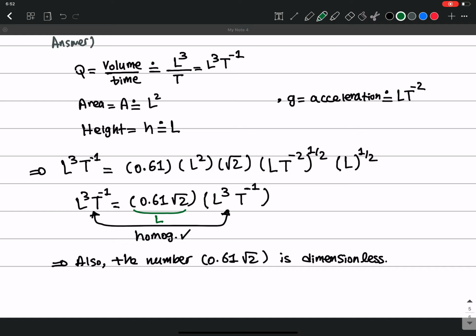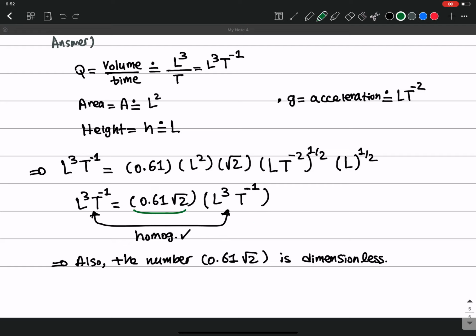Then the right-hand side of this equation would become L^4 T^-1, which is not the same dimension as the left-hand side, L^3 T^-1. So this scenario could not be correct.